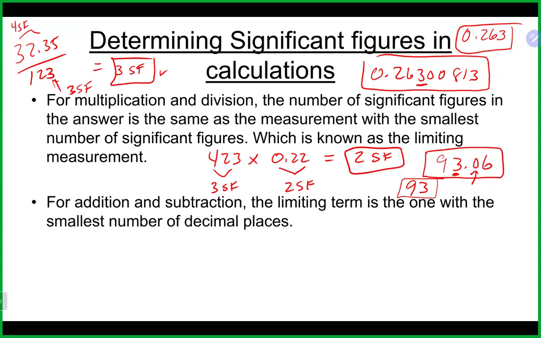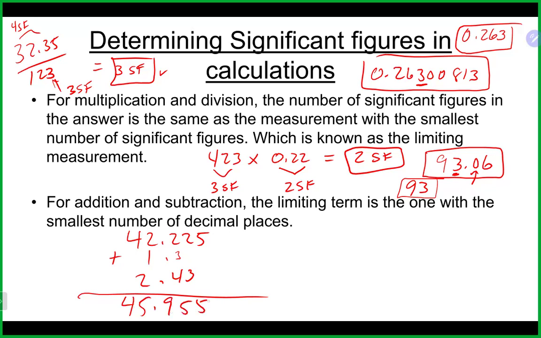So when we add and subtract, we're looking at decimal places, not significant figures. So if we had 42.225, we added 1.3 to it, and we added 2.43 to it, and we add all that together on our calculator, 42.225 plus 1.3 plus 2.43, your calculator is going to show you 45.955.